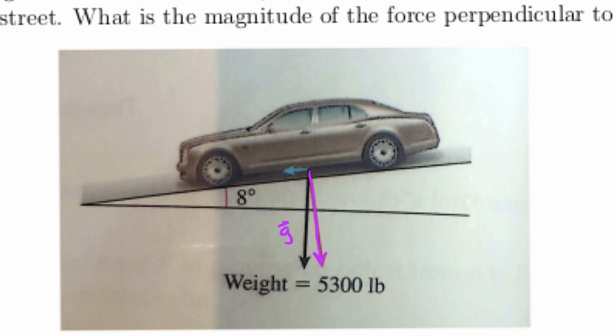This was our vector gravity minus our projection onto the plane. This vector, the red vector, gave us our normal vector.